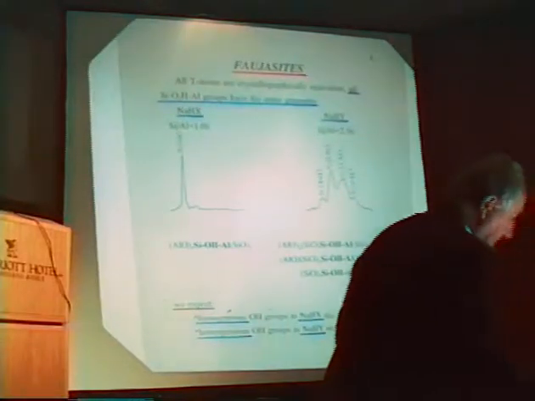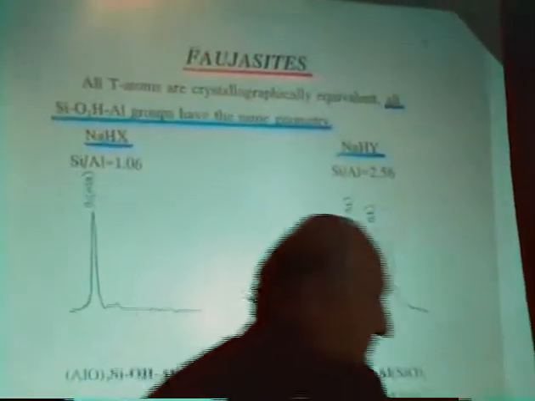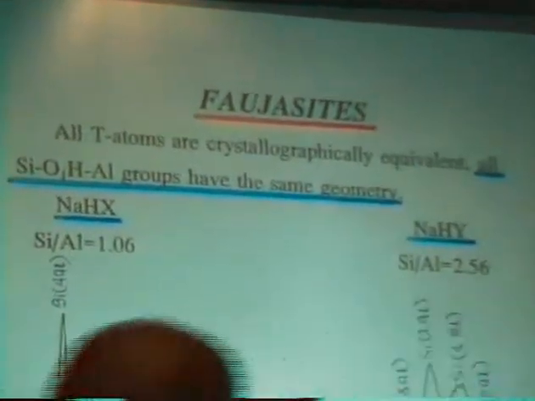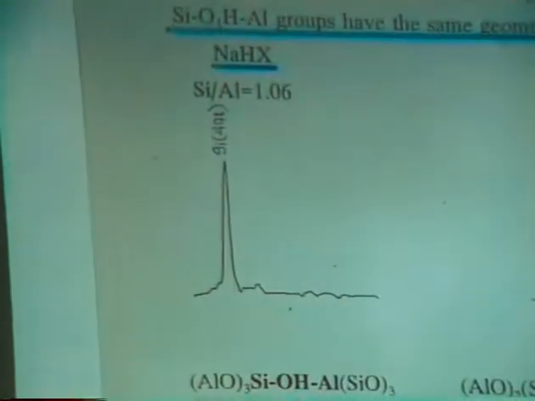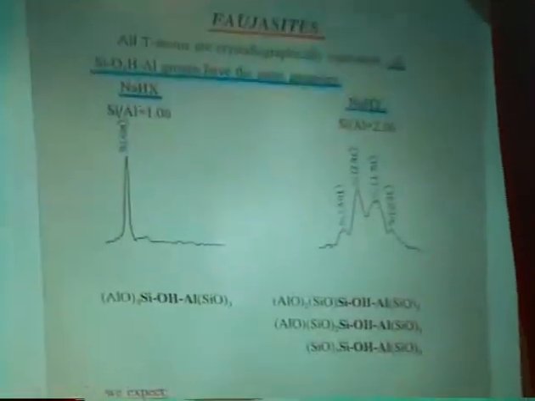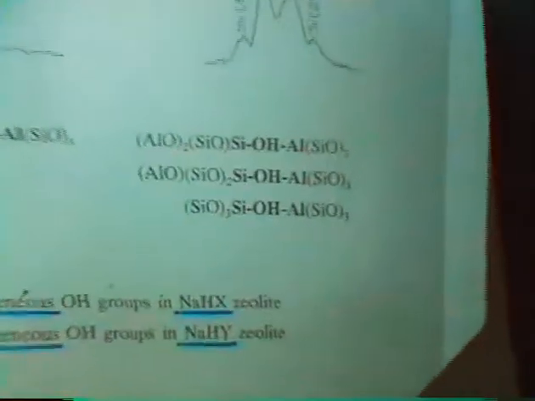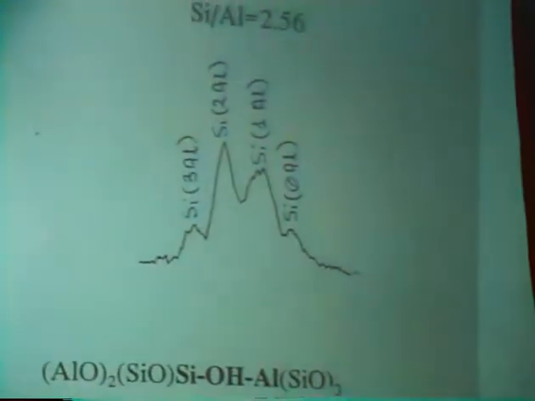Now, I will present you the data concerning X and Y zeolites. In X and Y zeolites, T atoms are crystallographically equivalent. All hydroxyls have the same geometry, but there may be hydroxyls with various amounts of Al atoms close to the hydroxyl. The situation is different in X zeolite and in Y zeolites.